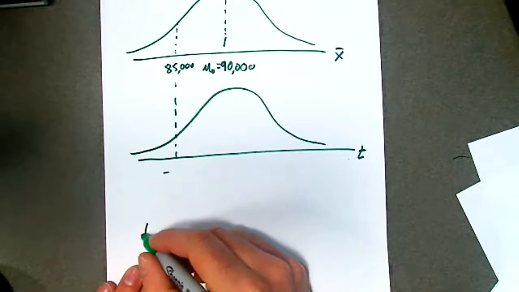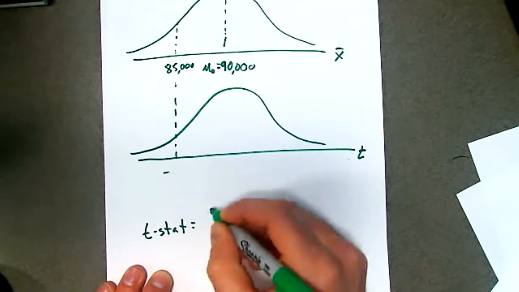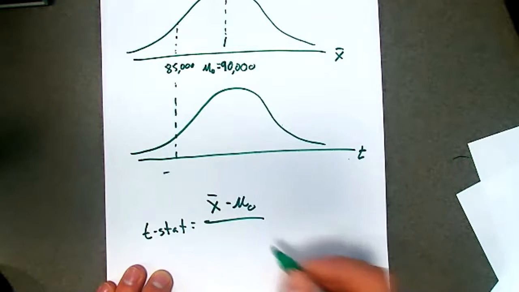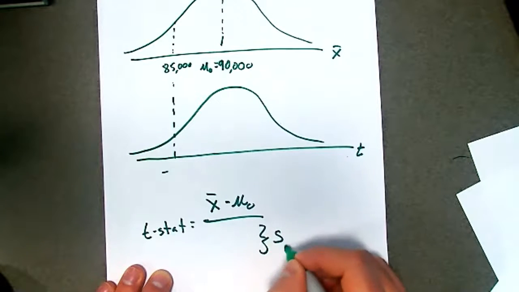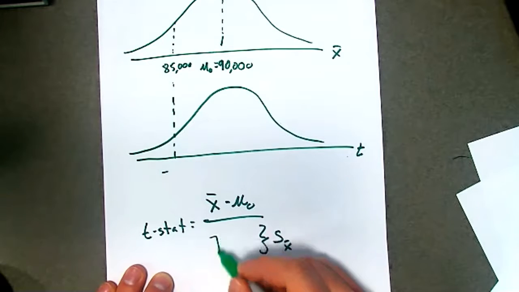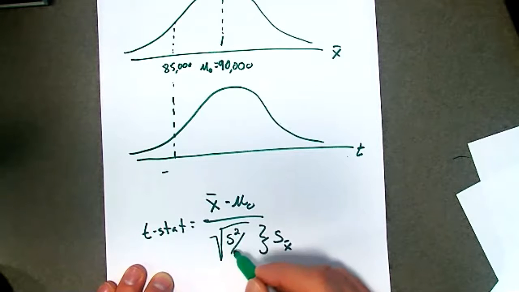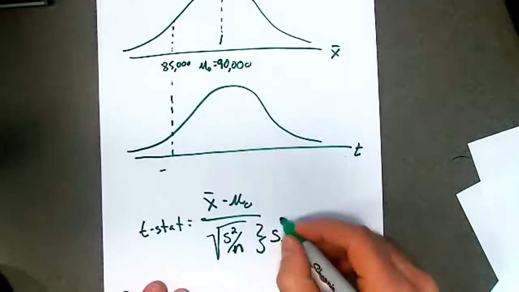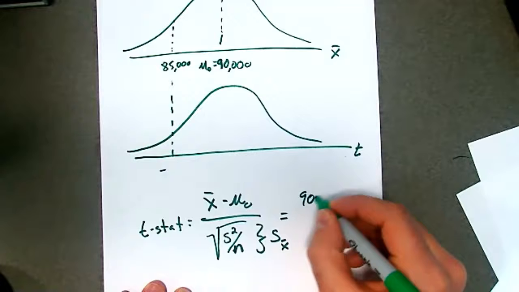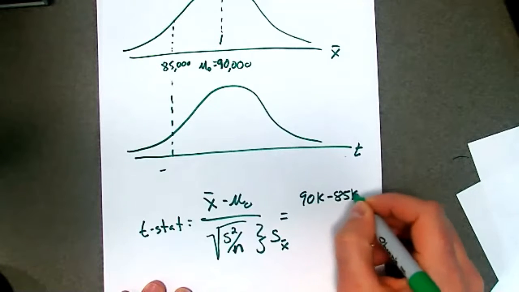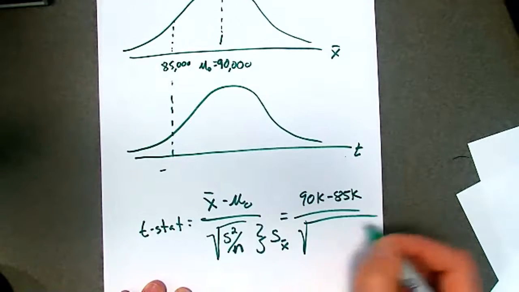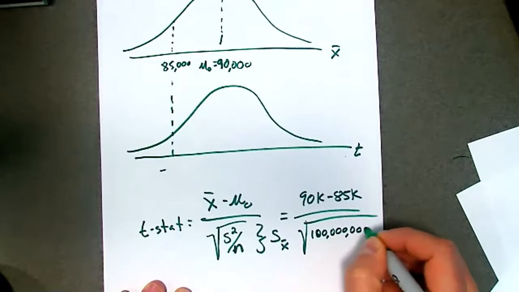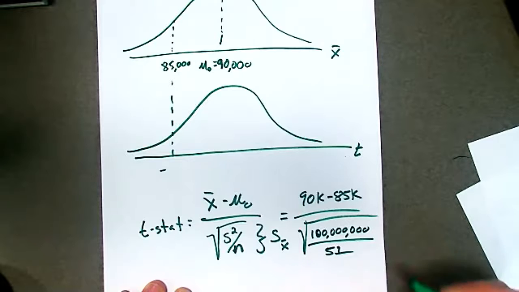If I want to make sure that I can calculate this test statistic, it's just like before. Take the sample mean, subtract the assumed true mean, and now we're dividing by the standard deviation of our sample means, which only uses the sample variance, not a known population variance. All right? From here, it's just 90K minus 85K over the square root of, I think it was, 100 million, and then my sample size was 51.